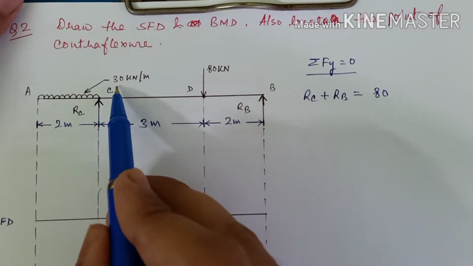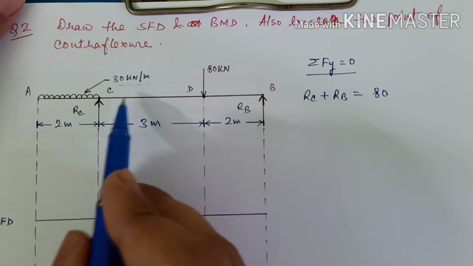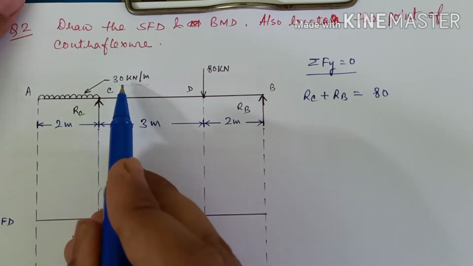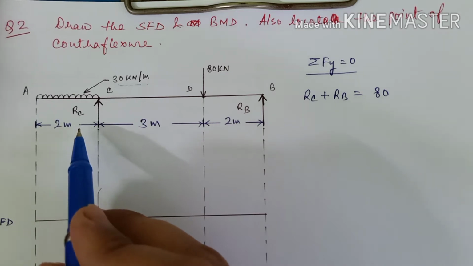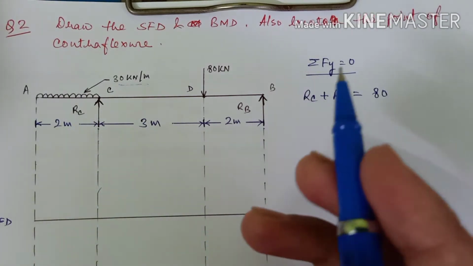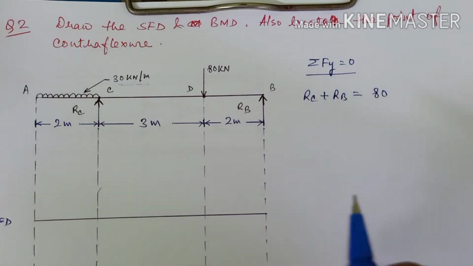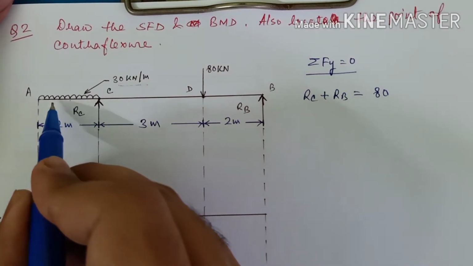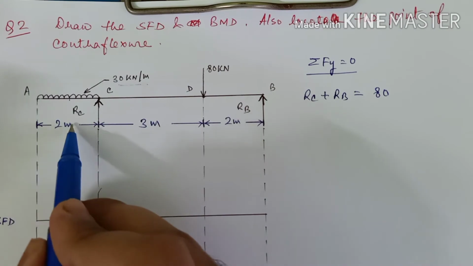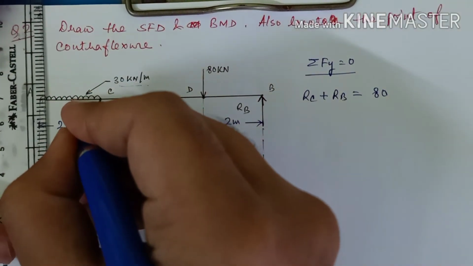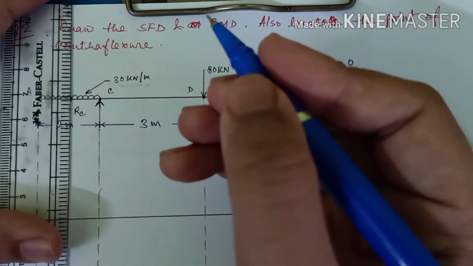It will be 30 multiplied with the span of the beam, that is 30 multiplied with 2, which will be 60. And what will be the point on which it will be acting? It will be acting at the mid of the span, that is at 1 meter from A, so it will be acting somewhat here.